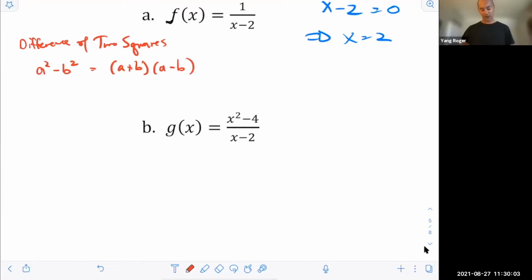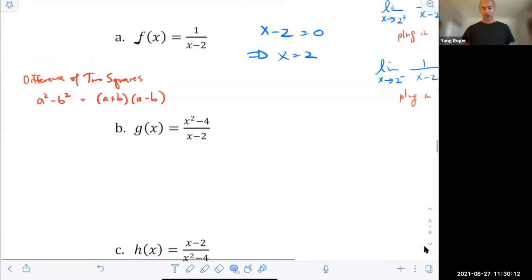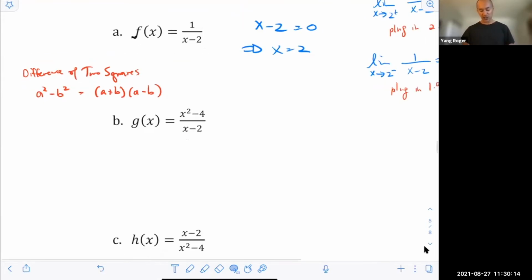This is a factoring formula that we use a lot. So when I look at this g of x, you could think of this as a difference of 2 squares. So when I factor the numerator, that's going to be x plus 2 times x minus 2 divided by x minus 2. Make sense? So check it out.